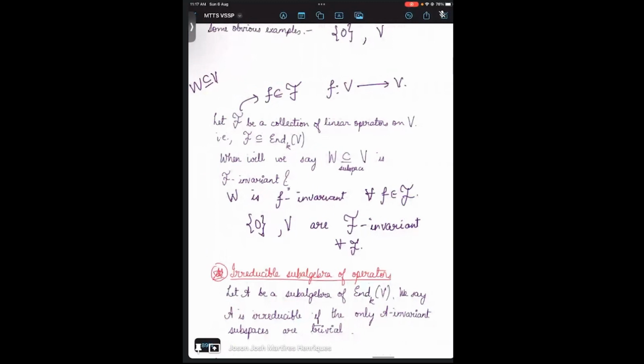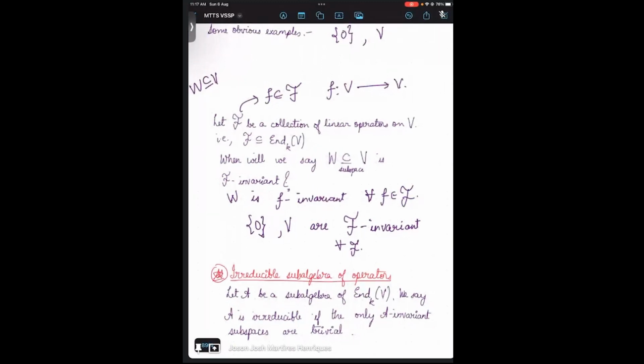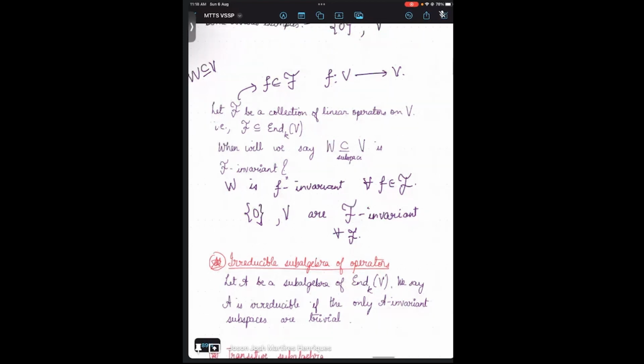So we look at these special subalgebras now. The algebra that I'm considering is matrices over C. If I have a subalgebra of the matrices, I say it's irreducible if the only invariant subspaces are in fact these trivial ones. That is, the zero subspace and the full subspace. Right.